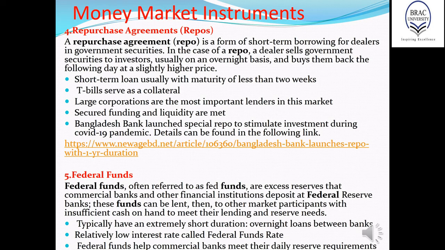Because as you know, to successfully operate in the banking system, each and every private bank must abide by the rules and regulations set by the central bank. And one such regulation is that they hold a certain amount of their money as reserves. And if they fall short of this reserve, they can still meet those requirements by borrowing from other banks on an urgent basis.